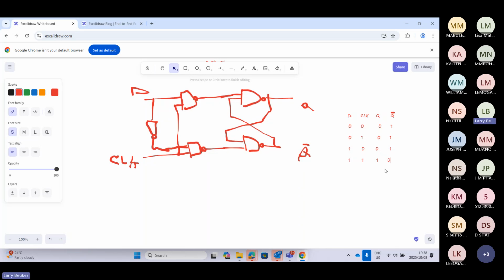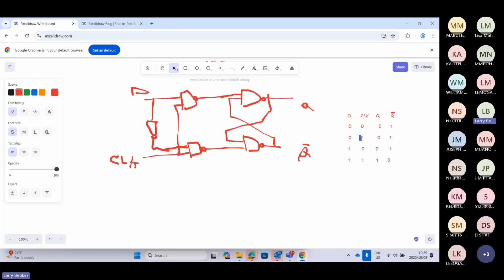So what we can also see, this is basically the most important thing here: the change of the state of the output is dependent on the rising edge of the clock, right? The clock needs to be on the rising edge for the state to even change, right?